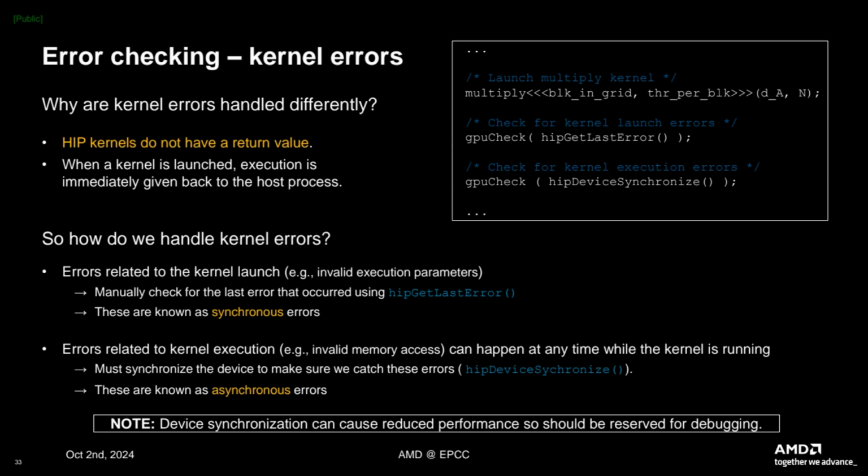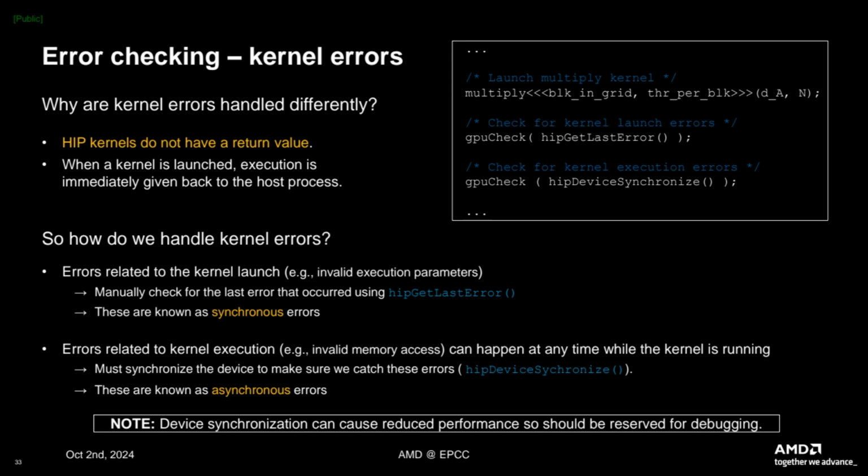The first kind, synchronous errors, is associated with kernel launching, which may give you an error if you are providing, for instance, invalid execution parameters. And to monitor that, we can use the API call heap get last error. And also that's going to be inside the GPU check macro that we just discussed.